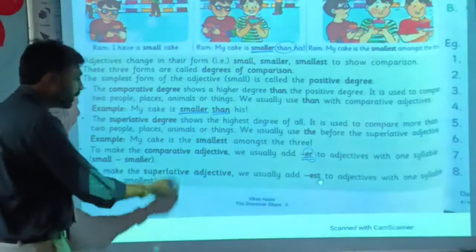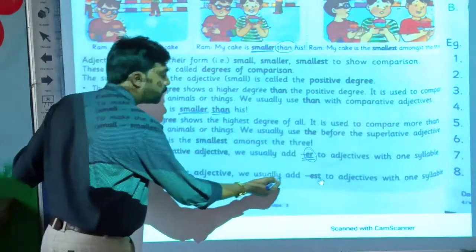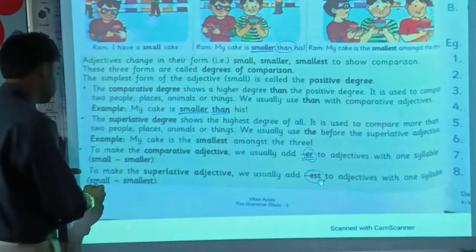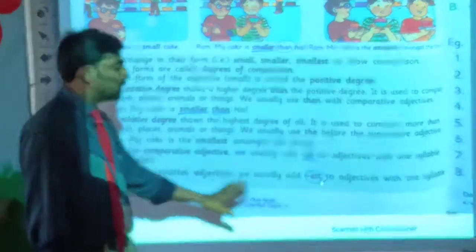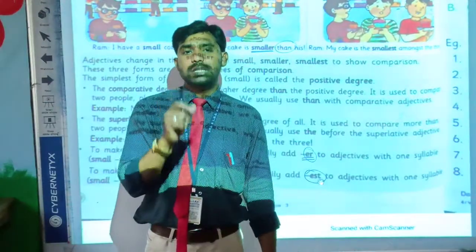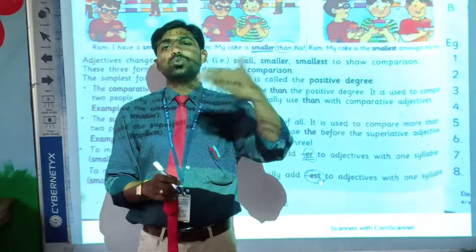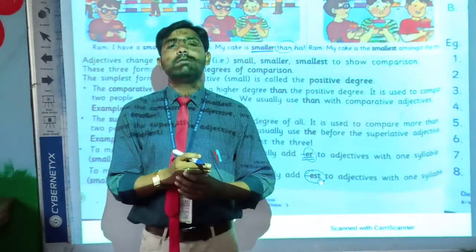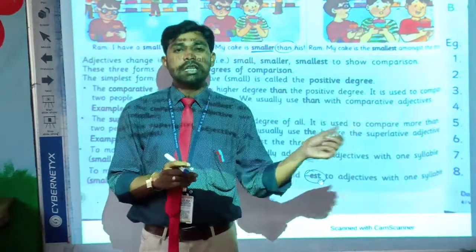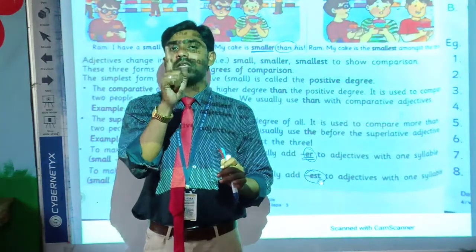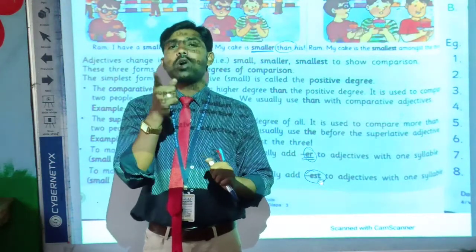To make the superlative adjective, we usually add est to adjectives with one syllable: small, smallest. In the same way, if an adjective has one syllable and we want to make its superlative form, we use est. Like small, one syllable, and its superlative form is smallest.